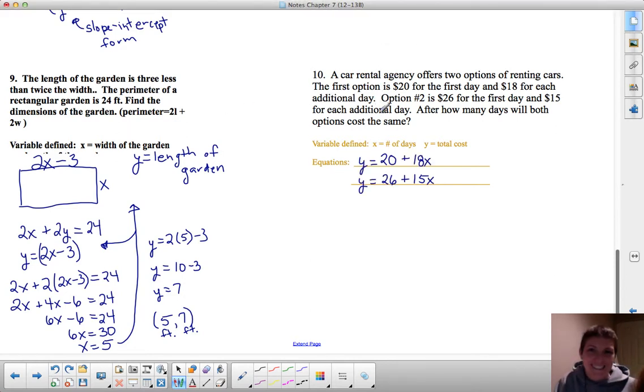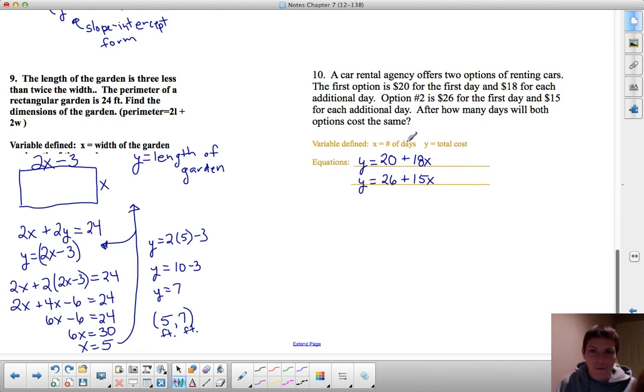We're back, and we're hoping that you got this down the same way that we did. We have y equals 20 plus 18x for our first situation, and we have y equals 26 plus 15x for the second situation. And I think I'd like to tweak my defined variable.